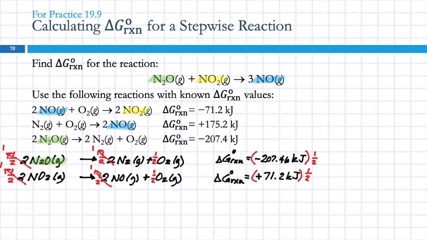Now let's keep up with the highlighting so we can see what we've got. So there's the NO2. And I also have some NO over here, and that was the blue one. So I've used this, I've used this one, and I've used that one. We're only going to use each of them once.